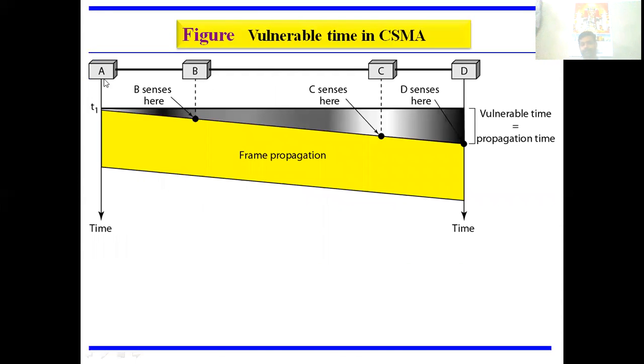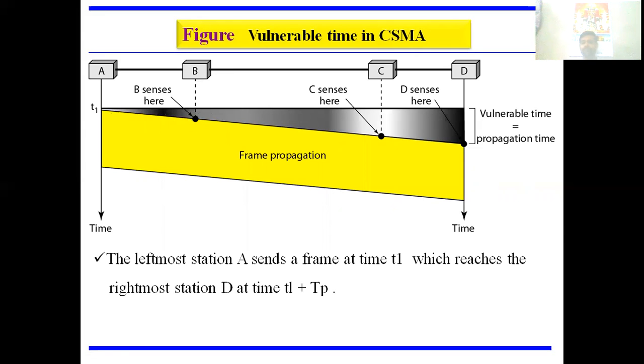Here you have 4 stations: A, B, C, D. At T1, A senses the medium and sends the data. At time T2, B senses the medium, at T3, C senses the medium, and at T4, D senses the medium.